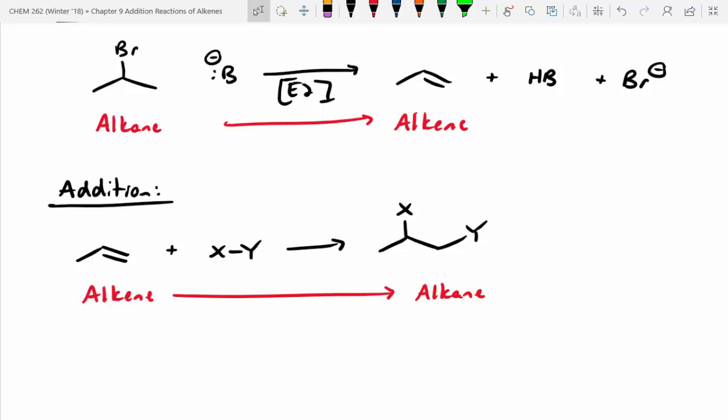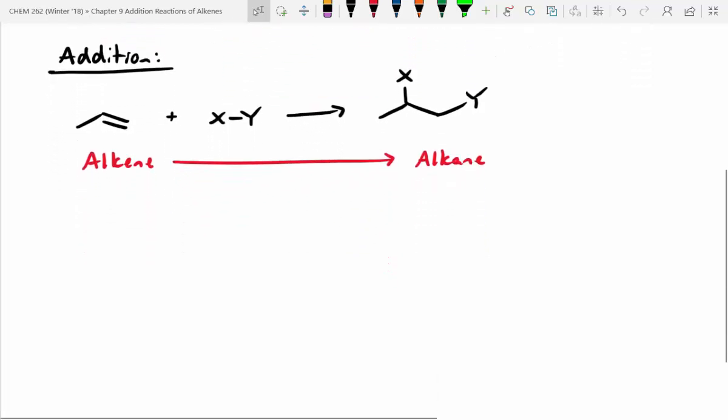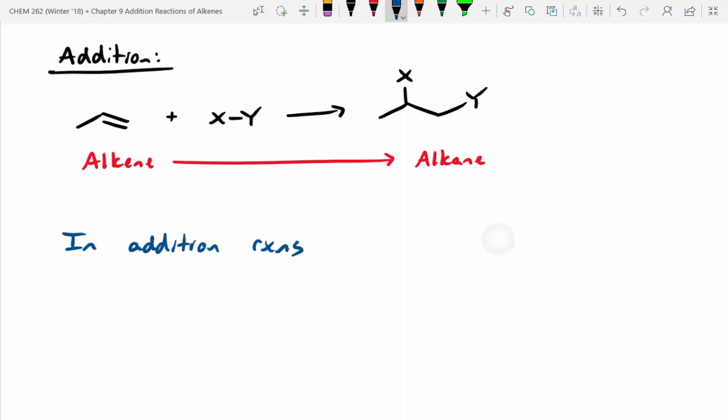disfavor the elimination reaction. The interesting thing with addition reactions that we have to pay attention to is pi bonds are now acting as our nucleophile. So in addition reactions, pi bonds act as your nucleophile.